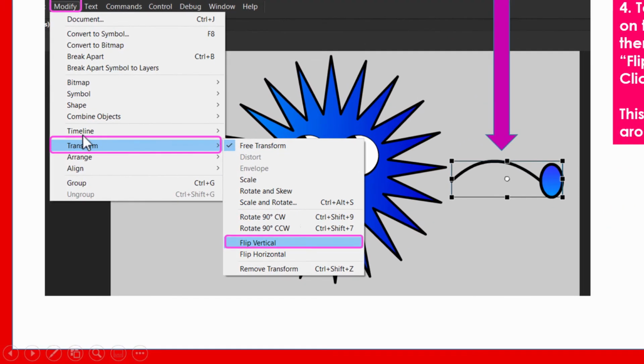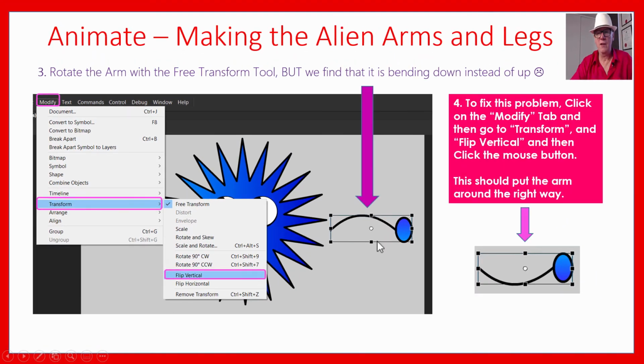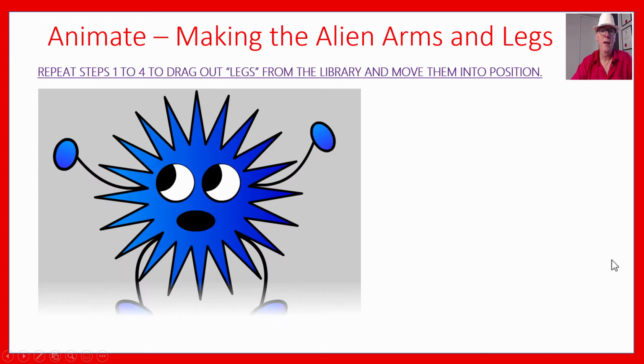So Modify, Transform, Flip Vertical, and this guy will flip around. Now he's facing the right way, and we can move him into position to match the other arm. Because this was upside down the wrong way, Modify, Transform, Flip Vertical will fix that little problem for you.